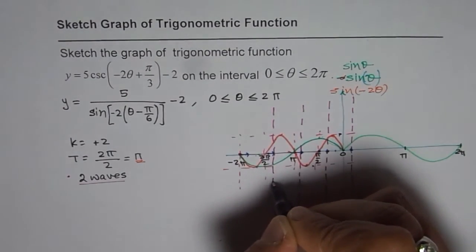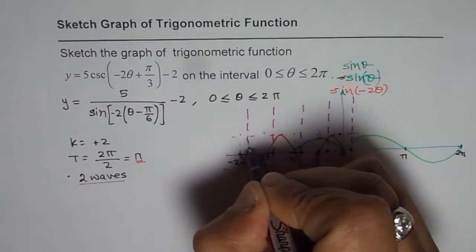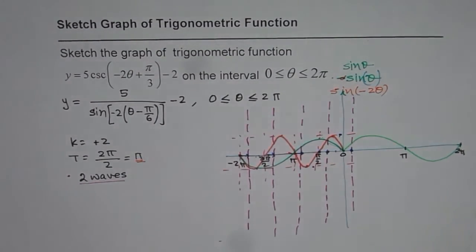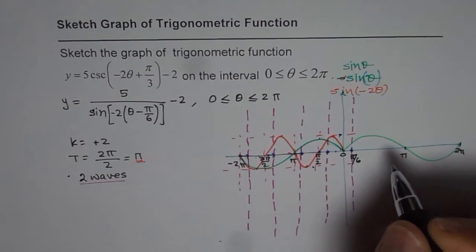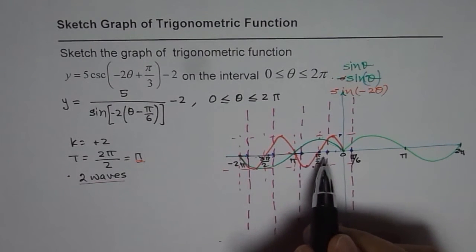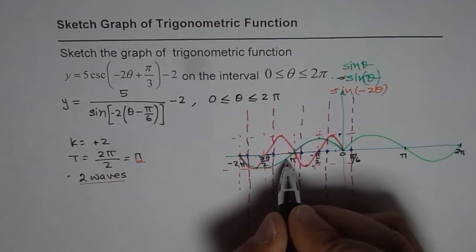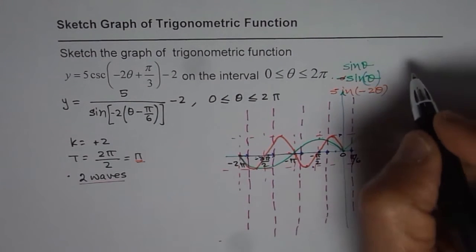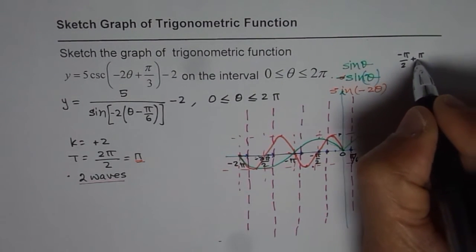When you do it on graph paper, you will probably get a very good and accurate result, and you can also find the image points and then do it. So this point is actually pi by 6, and all these points are pi by 6 to the right. These are all minus values. So that point will be minus pi by 2 plus pi by 6.